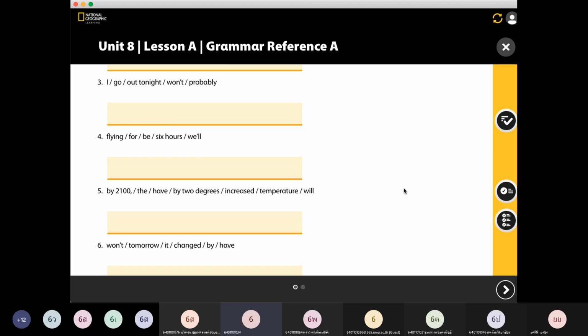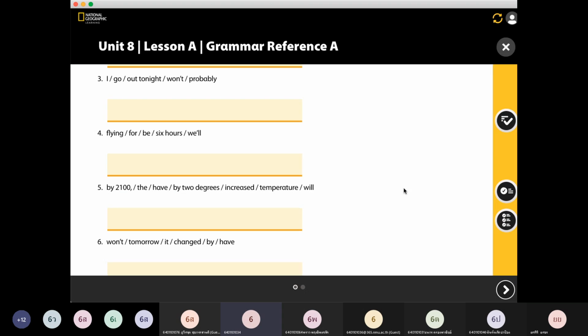Number three: I probably won't go out tonight, or I would probably go out tonight. Good. It's okay that you use that one or this one.